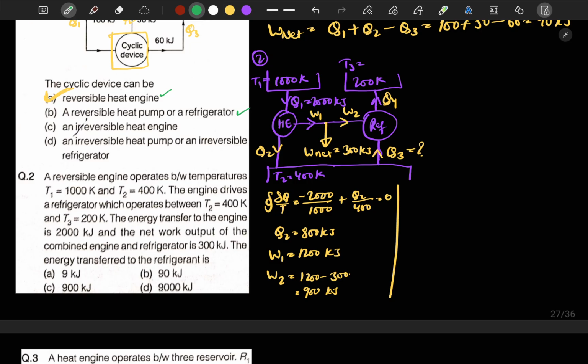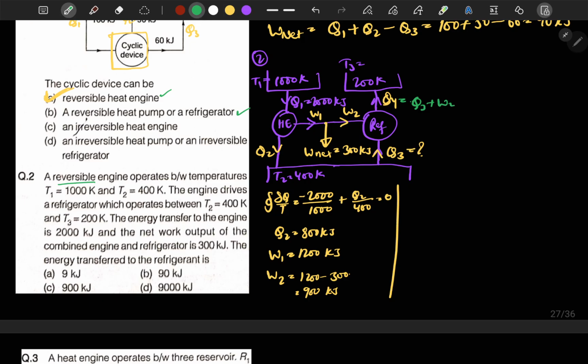Next, if we have to calculate Q3, we know that since it is mentioned that the reversible engine operates between temperatures and the energy drives the refrigerator, let's assume that our refrigeration system is also a reversible cycle. So in any case Q4 will be equal to Q3 plus W2.